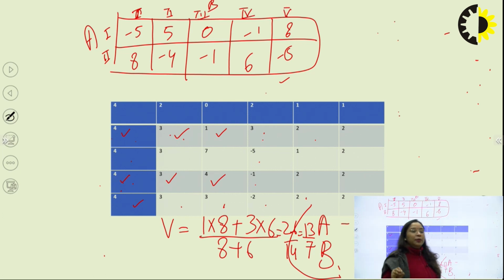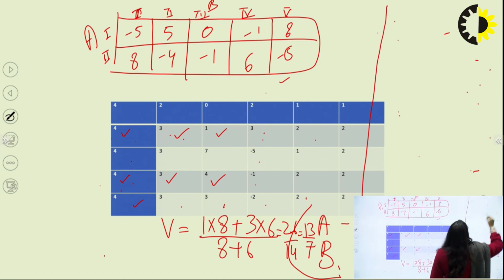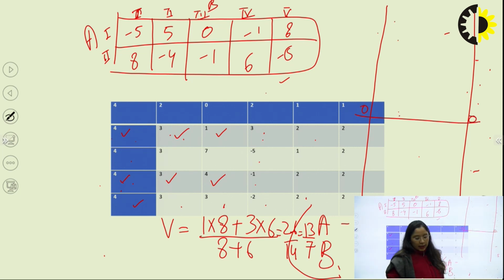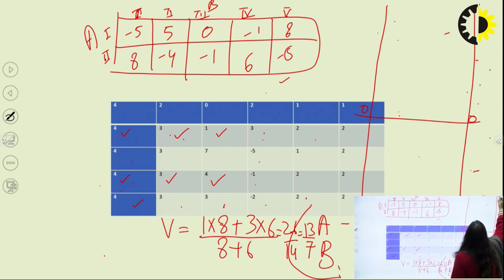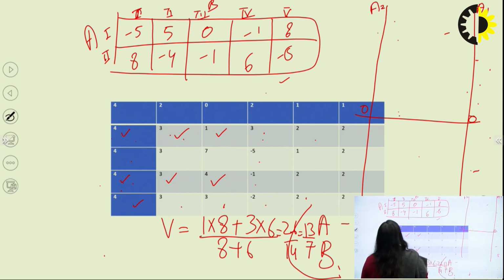Now we will plot all these points on a graph like this. Graphical method is done by this. This is the 0 0 reference. Next, whichever axis is 2, A1 and A2. You can see minus is also there. So we will plot all the points over here.